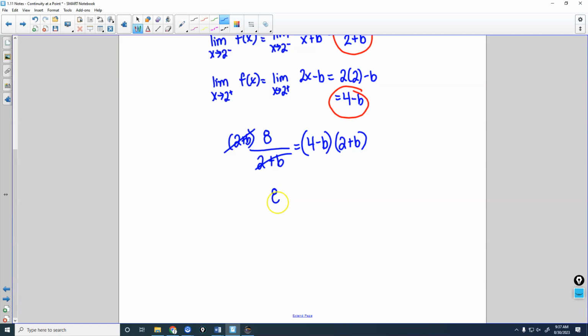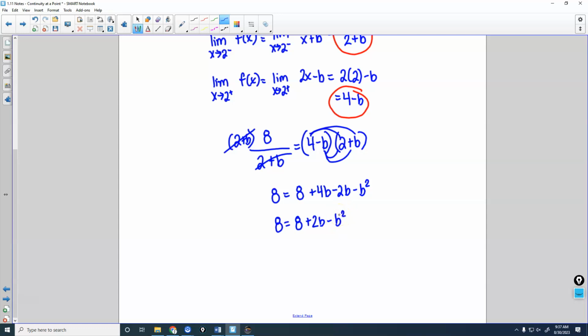So I got 8 equals, how do I multiply those together? We got to FOIL, we got to distribute, we'll get 8 plus 4b minus 2b minus b squared. So 8 will equal 8 plus 2b minus b squared.